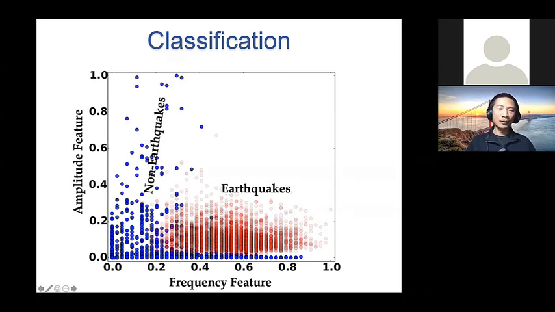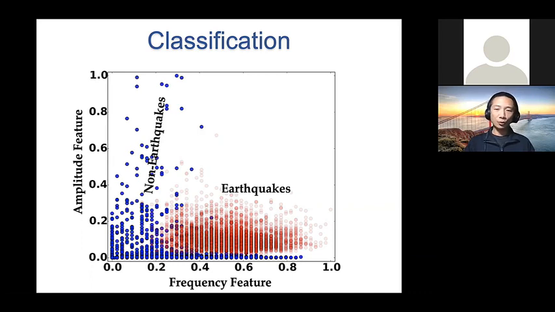You can swing your phone like this, but you can't swing it as fast as an earthquake. The earthquake can swing it maybe 100 times per second, but you can only swing it maybe 3 or 4 times per second. So that's why the frequency content has the discrimination power.